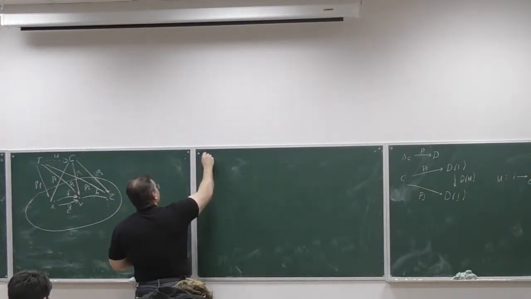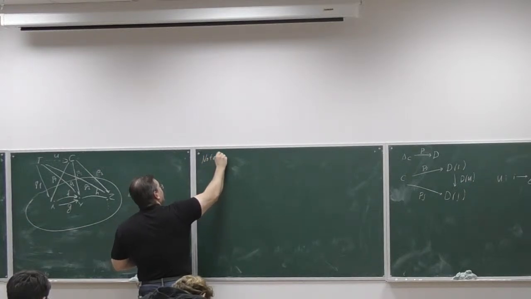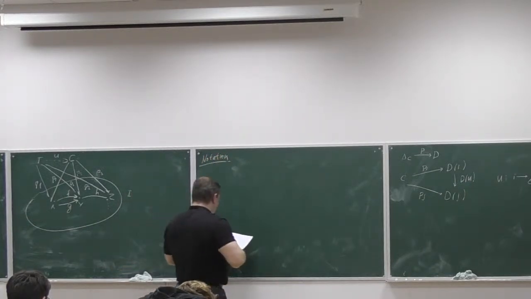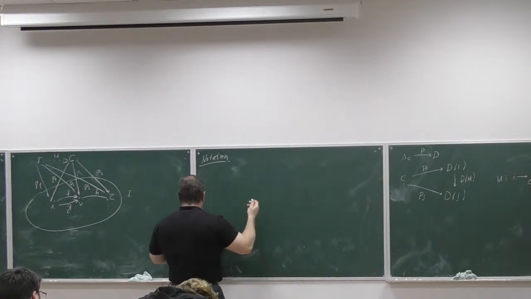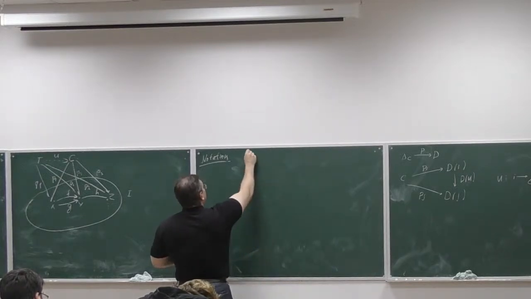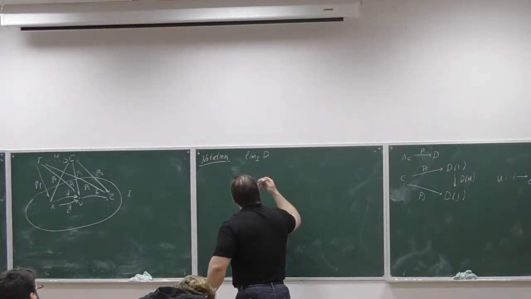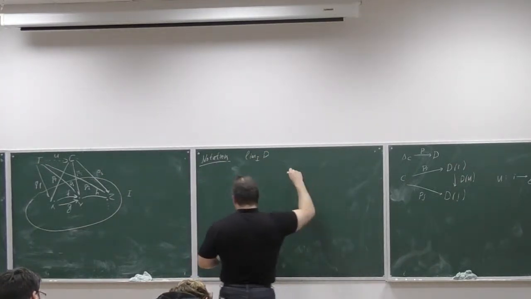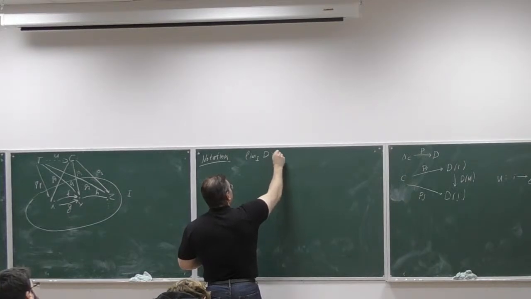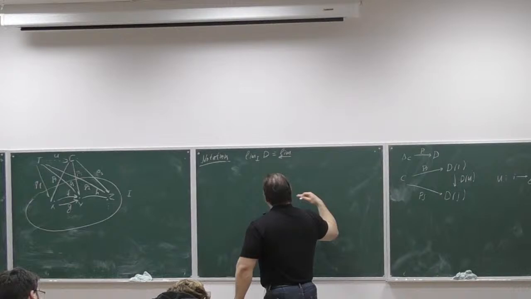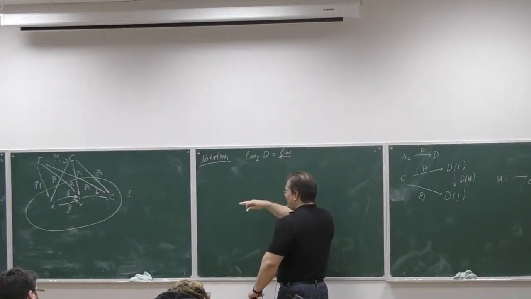Notation and terminology. So notation for this terminal object is lim D. This is one possible notation. There are many other possible notations. For example, people use lim and draw this arrow, this inverse limit going in that direction.